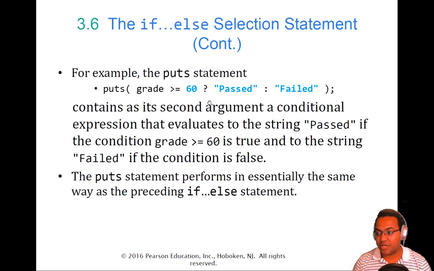This is called a ternary operator. If grade is greater than or equal to 60 is true, passed is your string. Otherwise, failed is your string. This is an if-else statement written on one line. This is called a ternary operator.